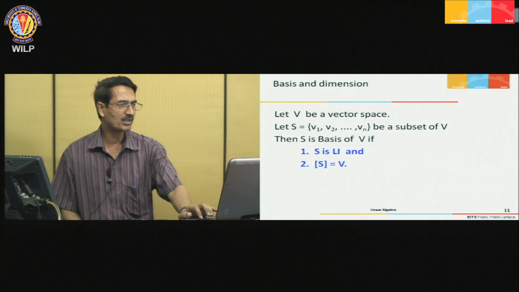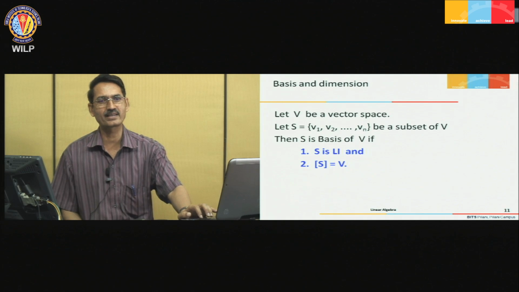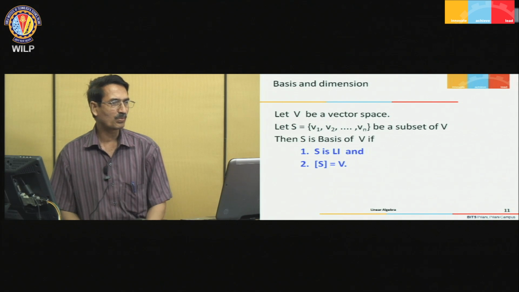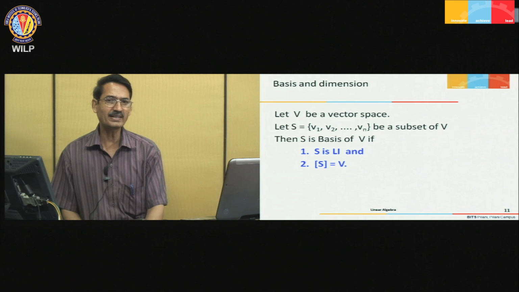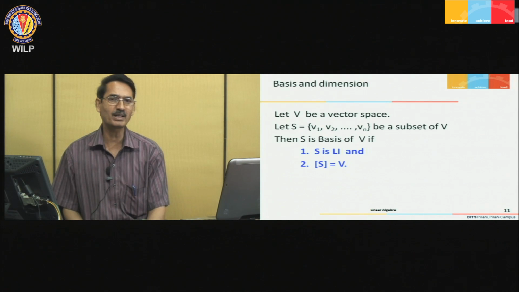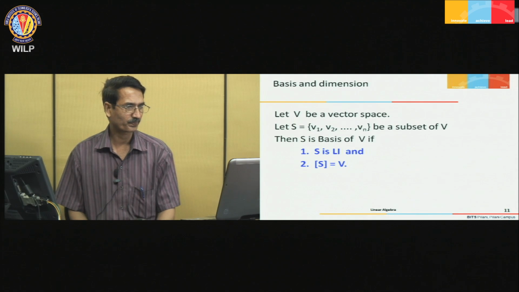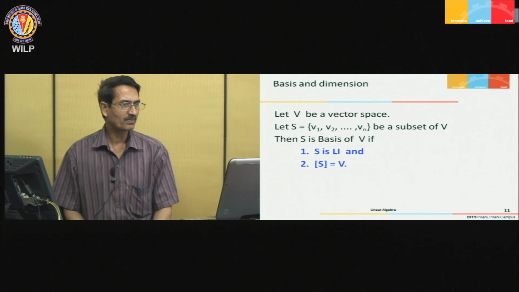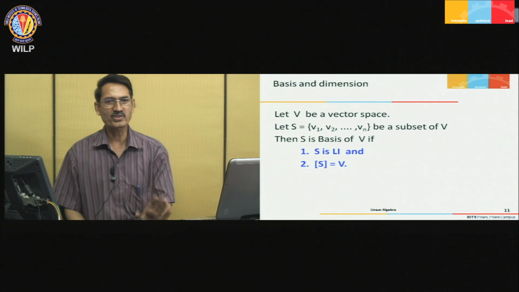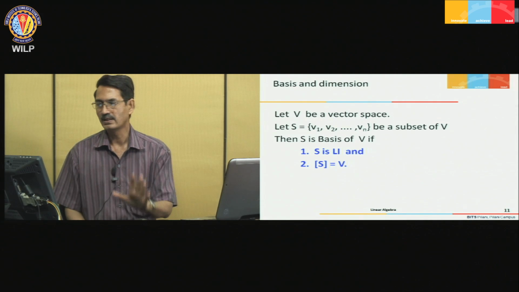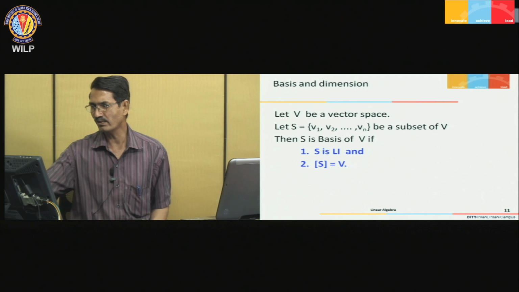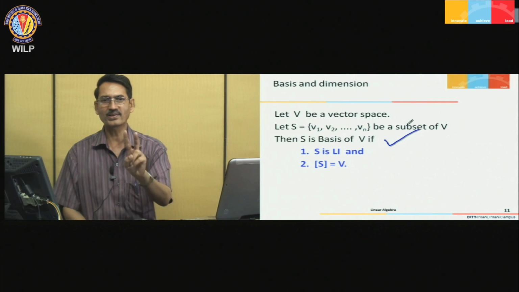Now, we are in a position to define the meaning of basis and dimension. Before defining dimension, we should be aware of the meaning of basis, then we shall know the meaning of dimension. Basis means, suppose V is a vector space and S is a subset of V, then S is called a basis of V if and only if two conditions are satisfied.